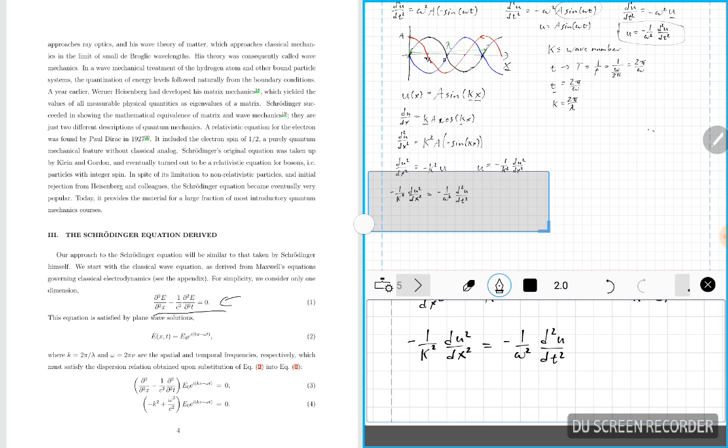So let's write it all out on one side. I'm going to go ahead and add this to both sides.